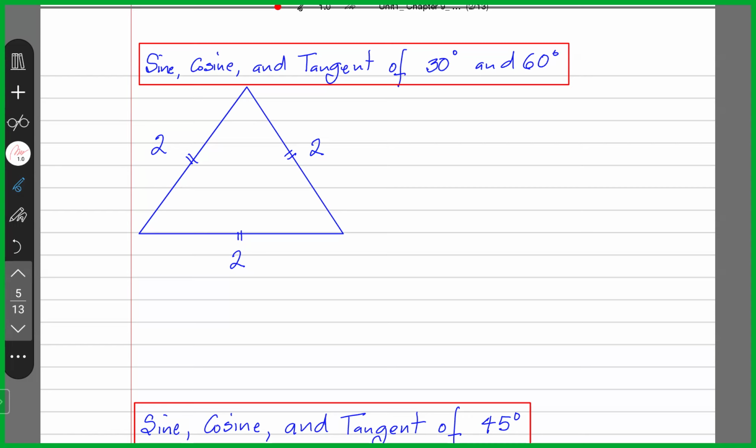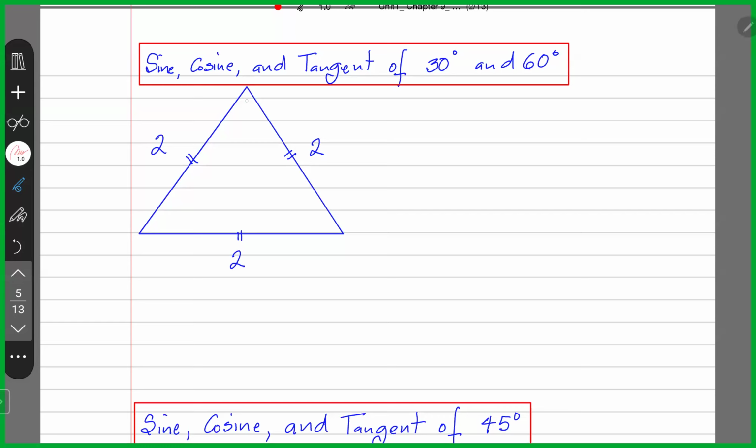of 60 and 30 degrees, I would start by drawing an equilateral triangle of sides 2 units. That's what you're seeing there, an equilateral triangle of sides 2 units.